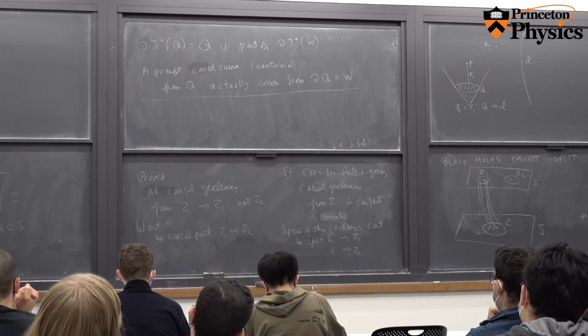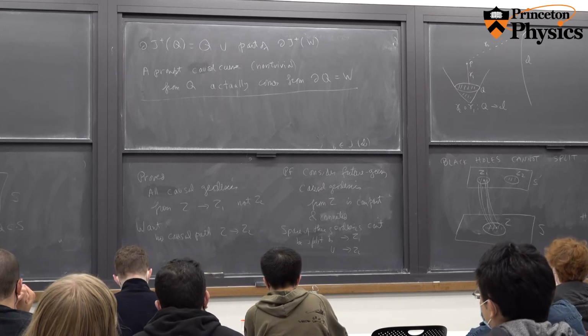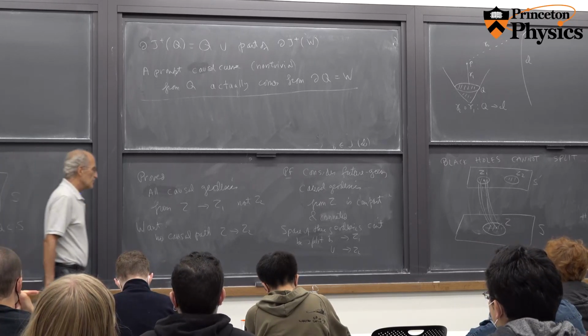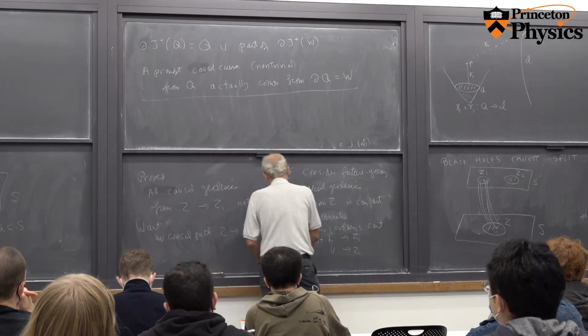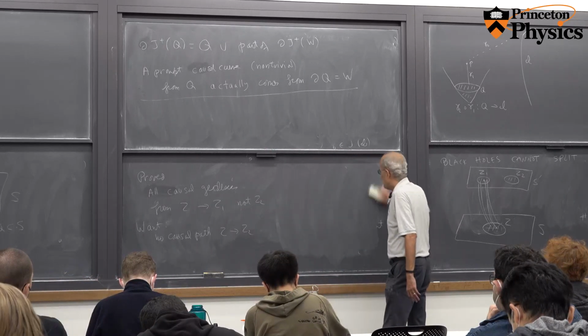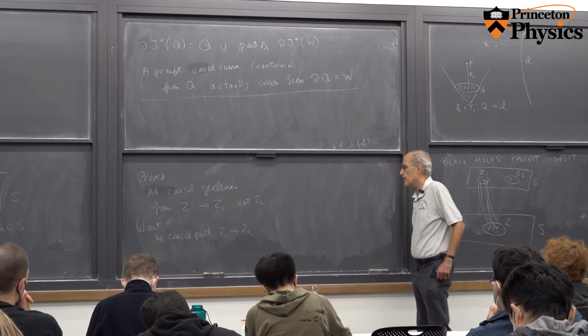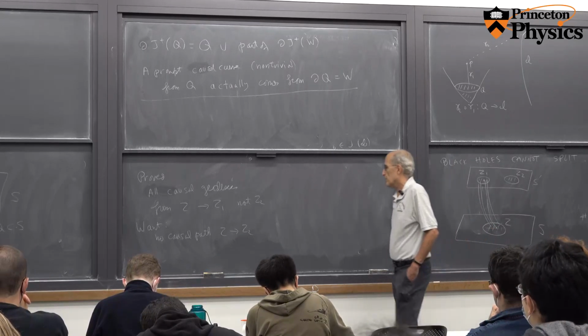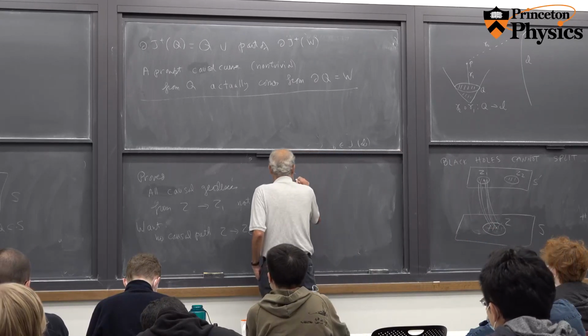Well, how do we prove that? Here we have to use global hyperbolicity. If there is a causal path, there will be one that minimizes the proper time, because spaces of causal paths in a globally hyperbolic spacetime are compact.